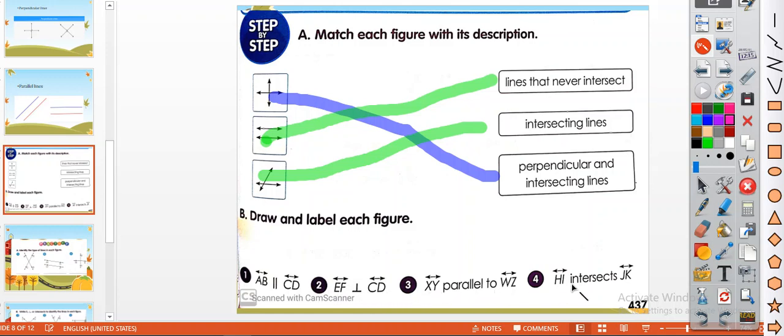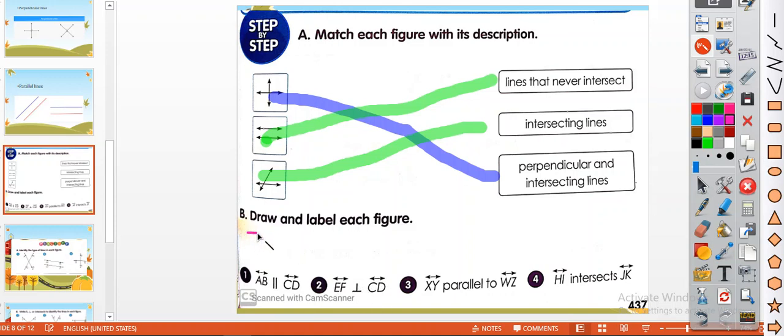Here he just wrote it for you: XY parallel to YZ and HI intersects JK. But what about those samples here? This sign means that the lines are parallel, and the sign here means that the lines are perpendicular.